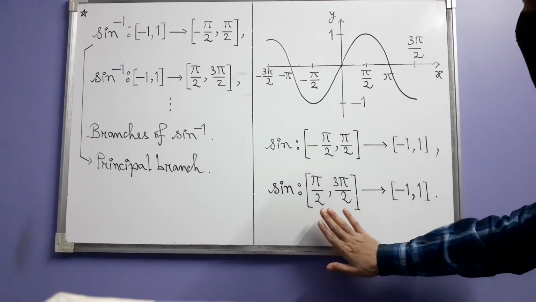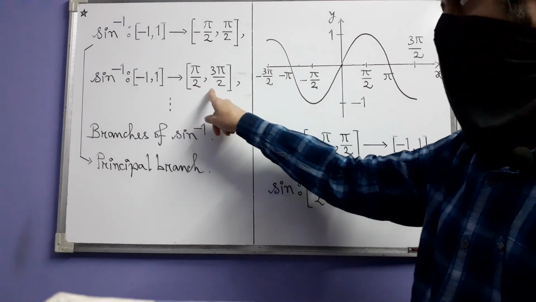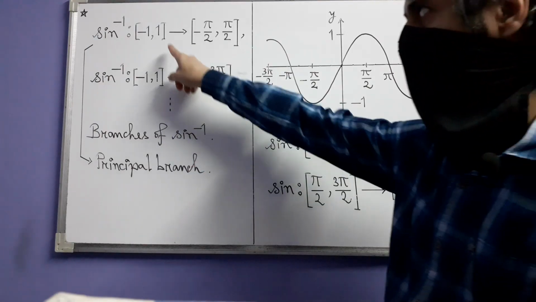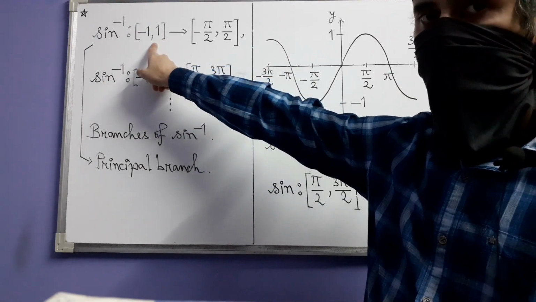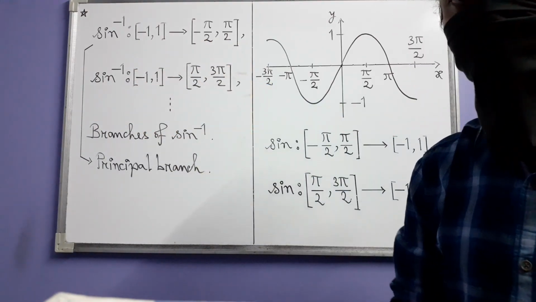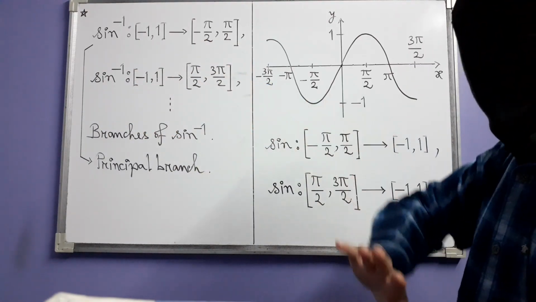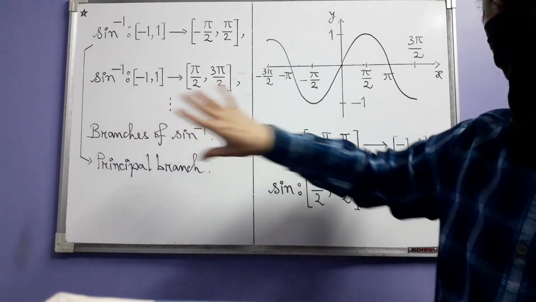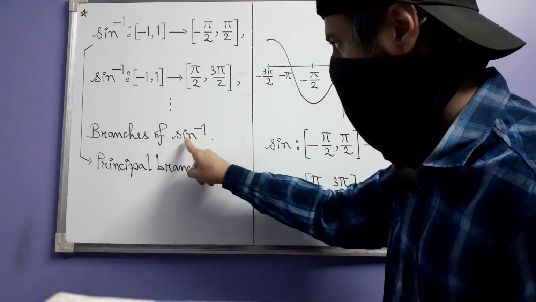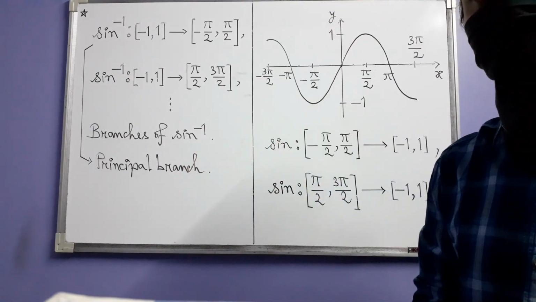Similarly, the inverse of this function will look like this. So you see that for these inverses, the domain is the same, this closed interval minus 1 comma 1, but the ranges are different. All these inverses of such restrictions are called branches of the sine inverse function.